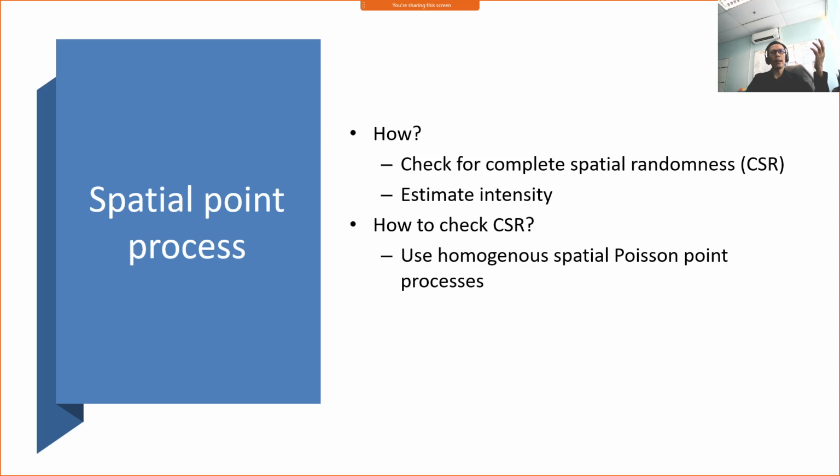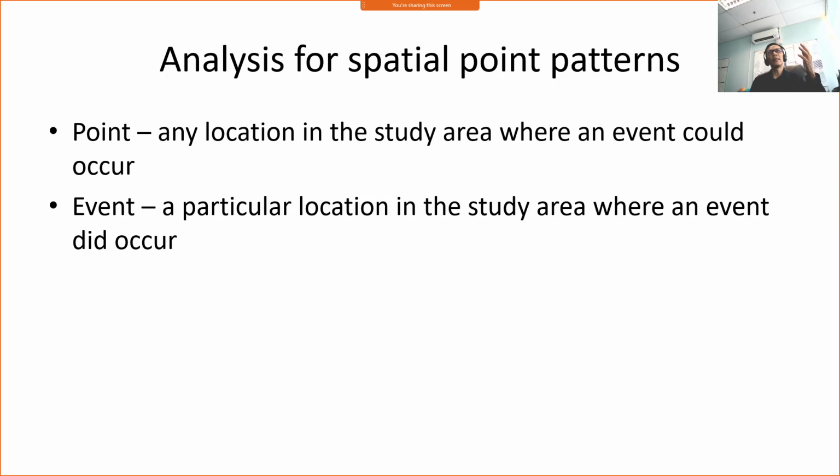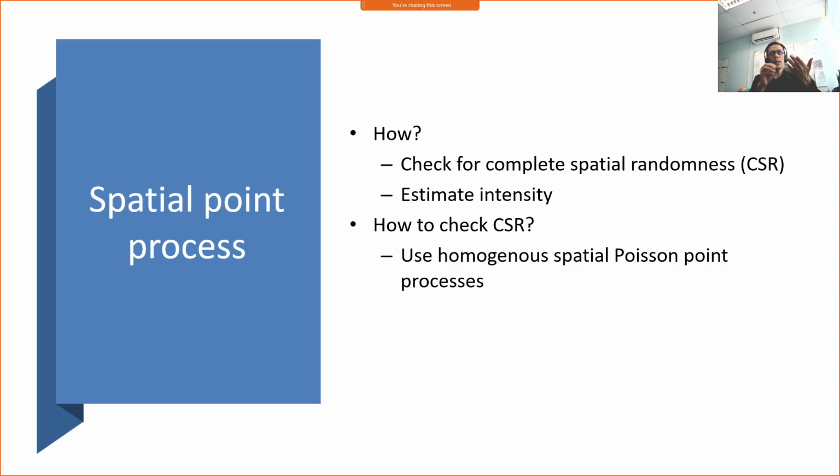I think what I want to say here is this is an extension of the explanation. When I say that we can analyze point data, after that, what we do is we can check if the distribution of points follows or does not follow complete spatial randomness.